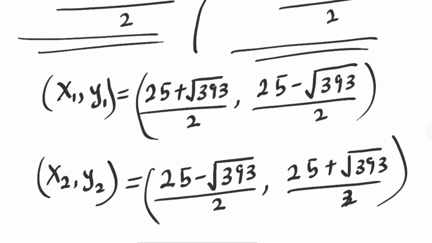You can see that the value of x1 here is equal to the value of y2 here, and the value of y1 here is equal to the value of x2 here.